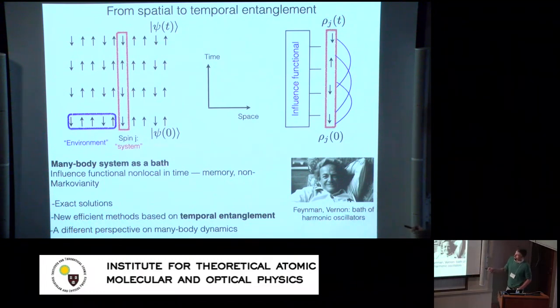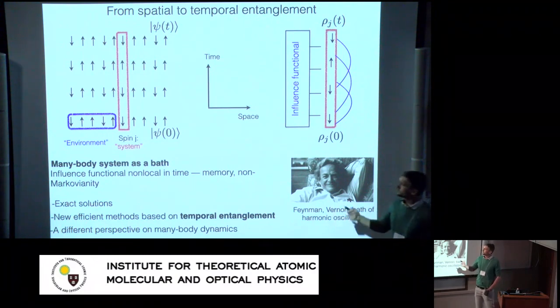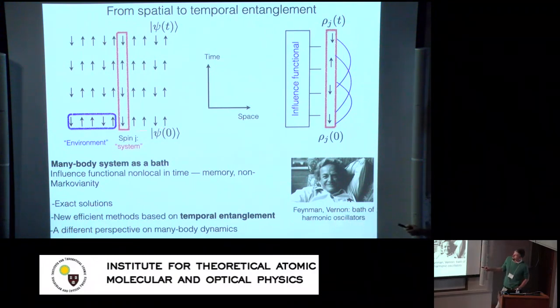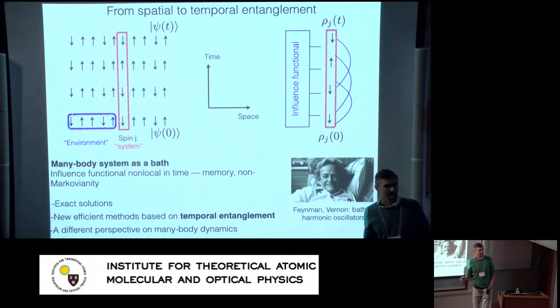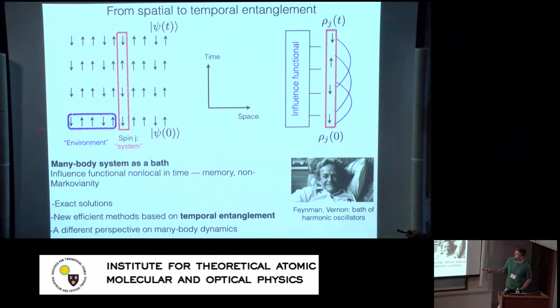I have my many-body system, but often what I care about are local observables. So let me focus on some subsystem, let's say one spin or a few spins, and think about the evolution of this subsystem. And I will treat the rest of my many-body system as a complicated environment.